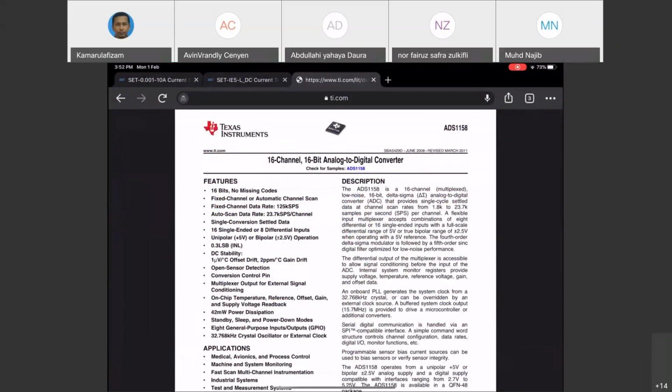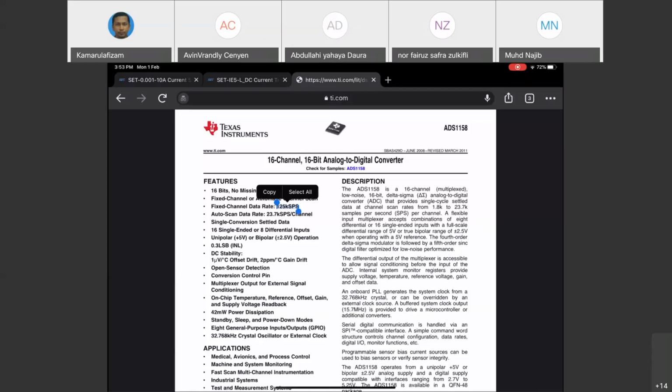Of course, because we have 16 channels, you must always look at the conversion time. They say here the data sampling rate is 125 kilosamples per second, meaning that in 1 second you can have 125,000 samples of 16-bit data. This is the maximum.